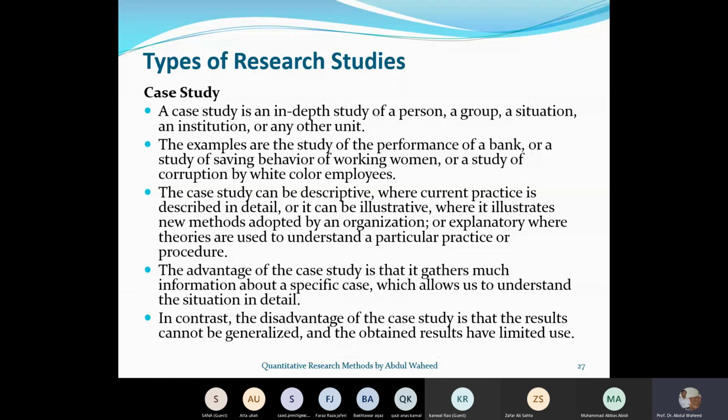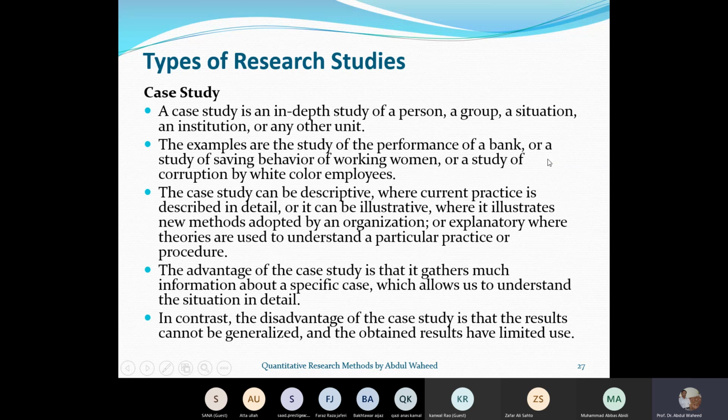Again, case study is in-depth study of a person, a group, a situation. You can take any institution to do a case study. We can take a bank, for example. एक इस्लामिक बैंक ले लिया, आपने मीज़ान बैंक ले लिया, और आपने उसकी एक केस स्टडी की कि उसकी जो ग्रोथ हो रही है उसमें कौन कौन से फैक्टर्स कंट्रीब्यूट कर रहे हैं कि वो इतना ग्रोइंग बैंक है.